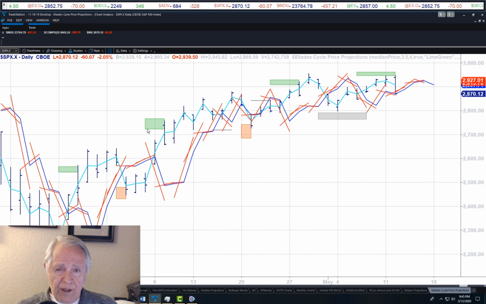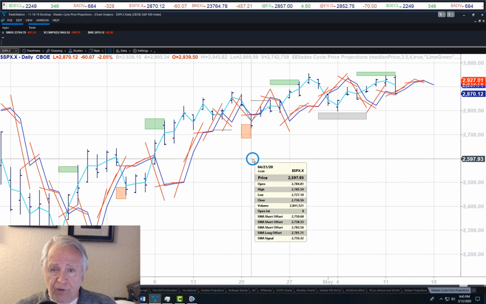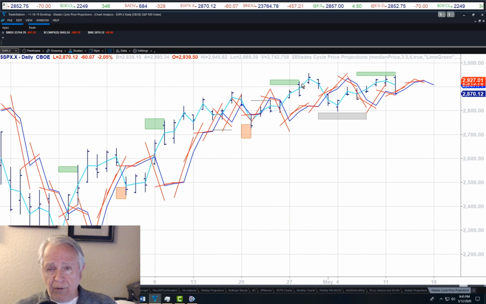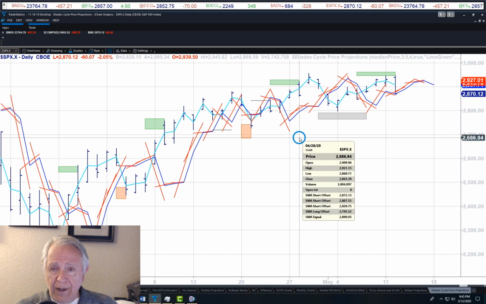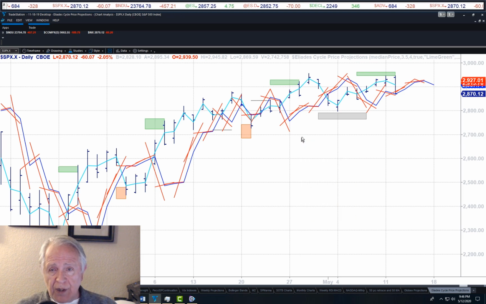And again, you met this projection, but then from April 17th, you got a downside projection, which was perfectly met. Your next upside projection from this low on April 21st gives you here, you got to that projection here. So once you reach this projection, then you want to know at that point, that's the date of April 28th, do we have higher projections?